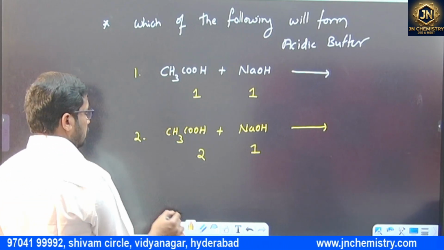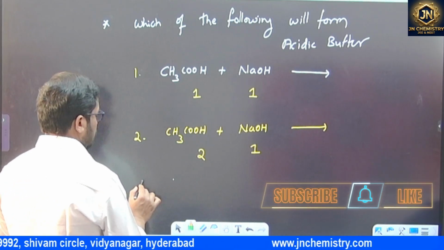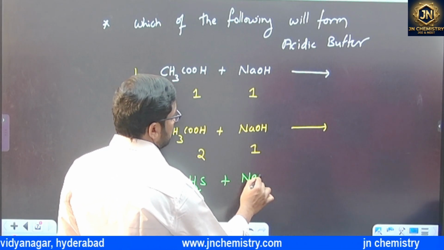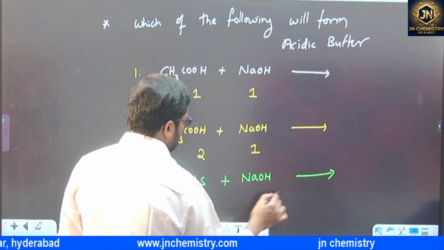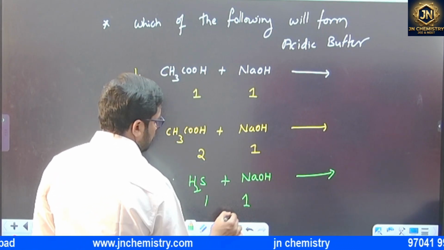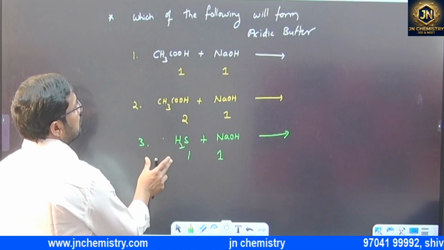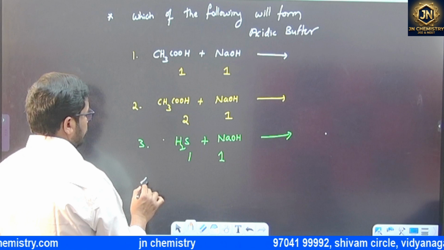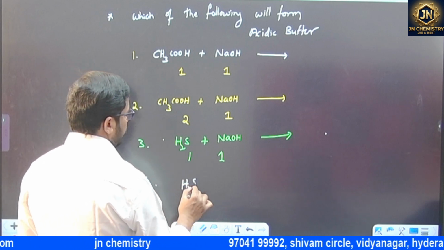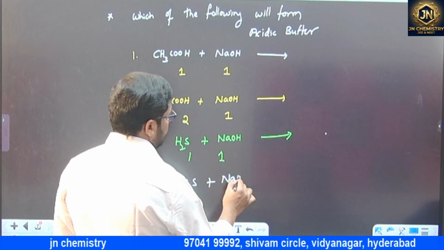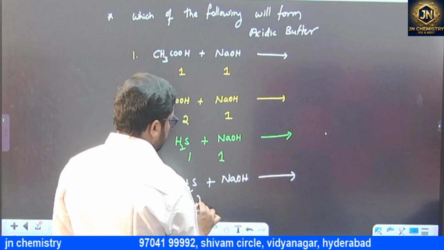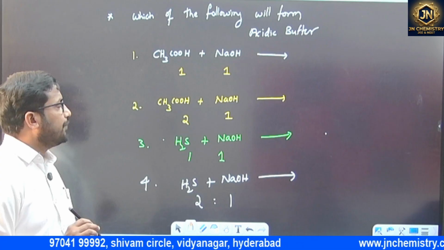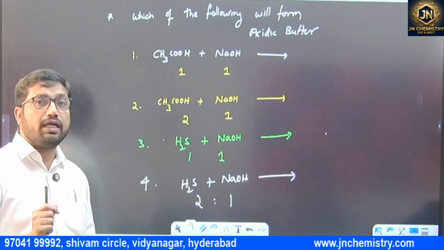Third one, H2S plus over here, 1:1. Fourth question, 2 is to 1. So now let me know which solution will form the acidic buffer.